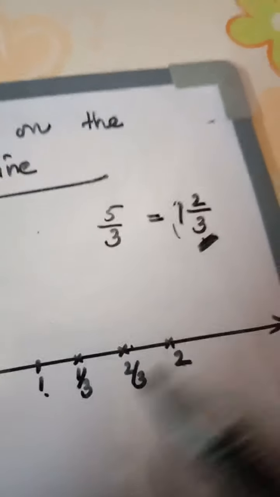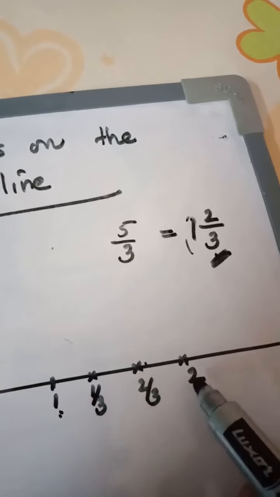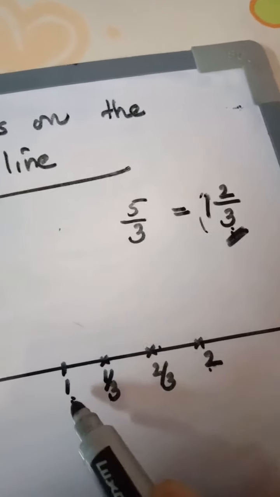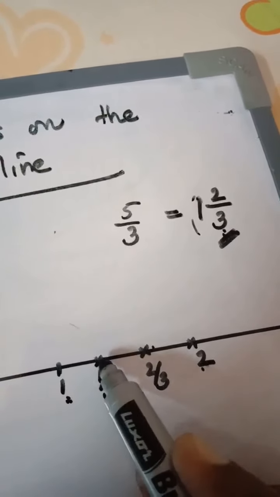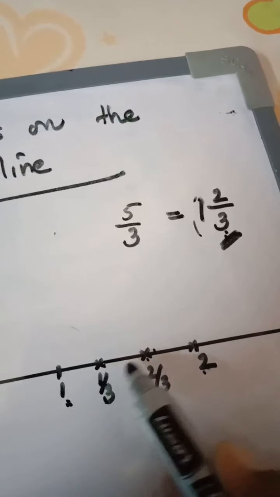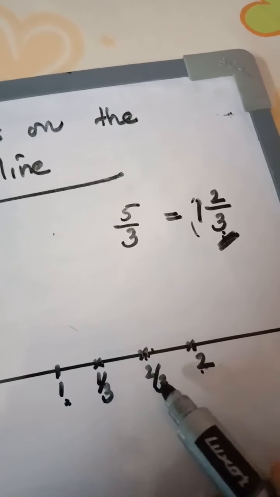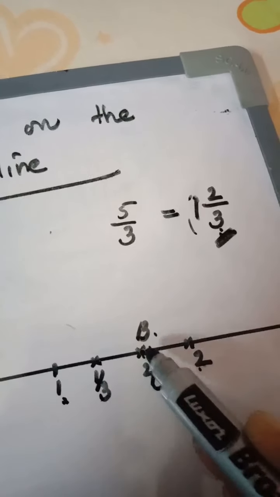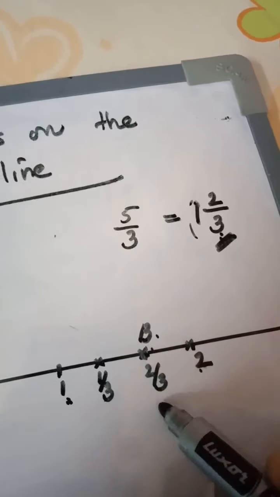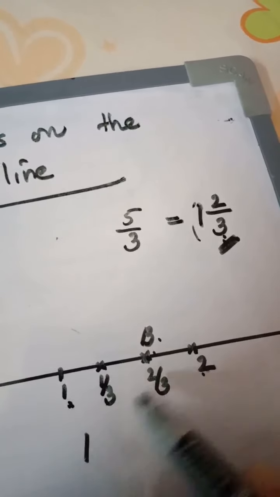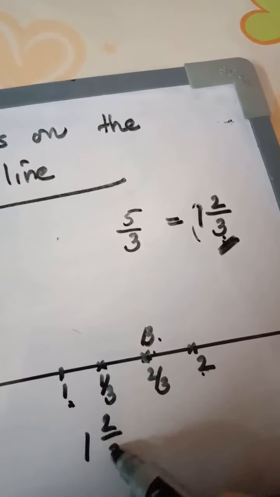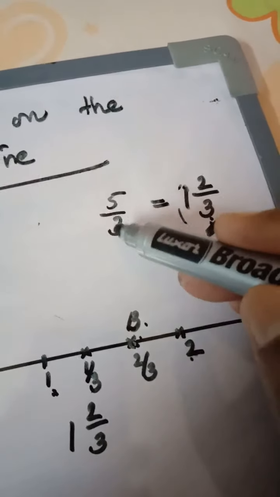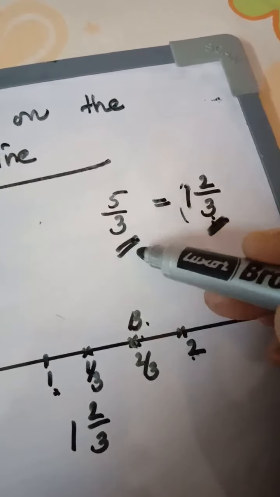So divide the portion between 1 and 2 into 3 equal parts, and this point, for example here I am going to write it as B. This point B represents 1, 2 upon 3. So this point B is the point which represents the rational number 5 upon 3.